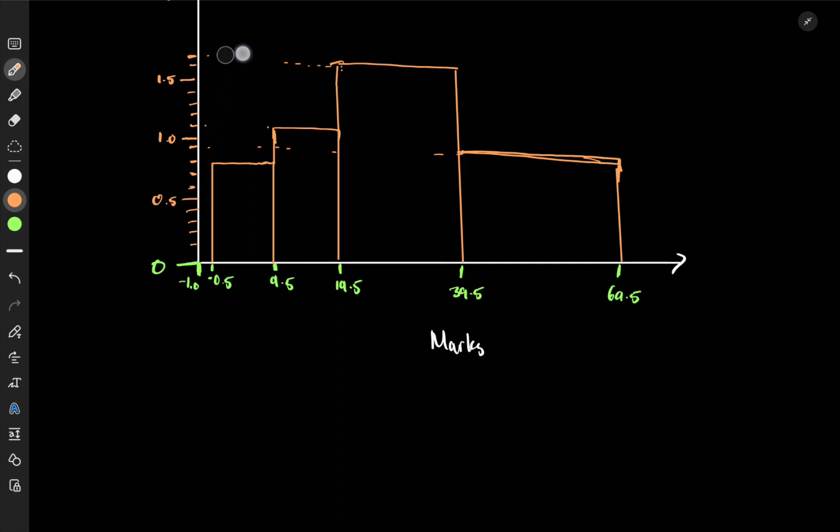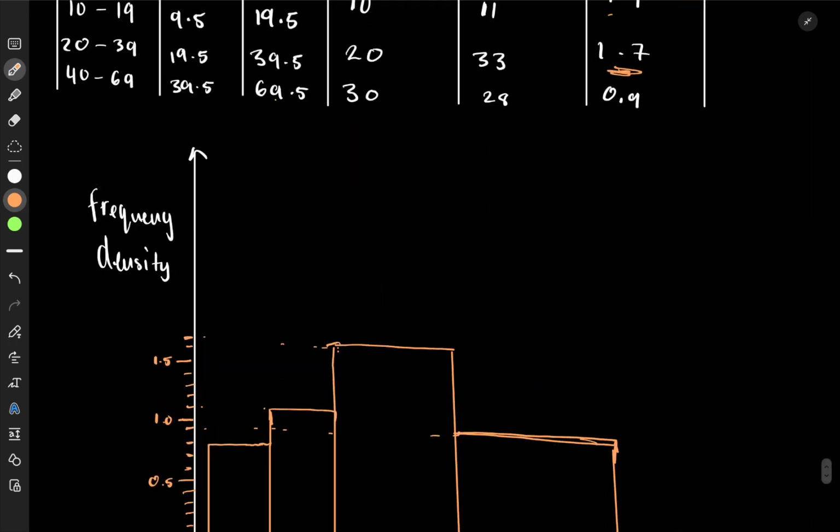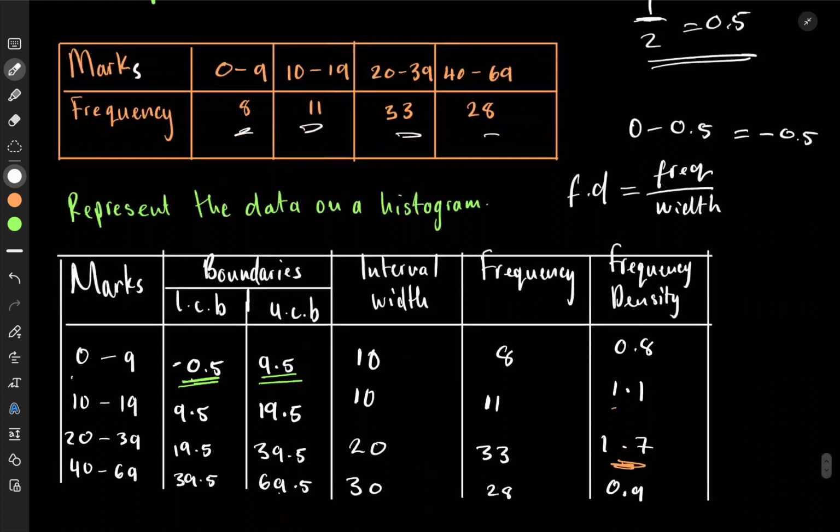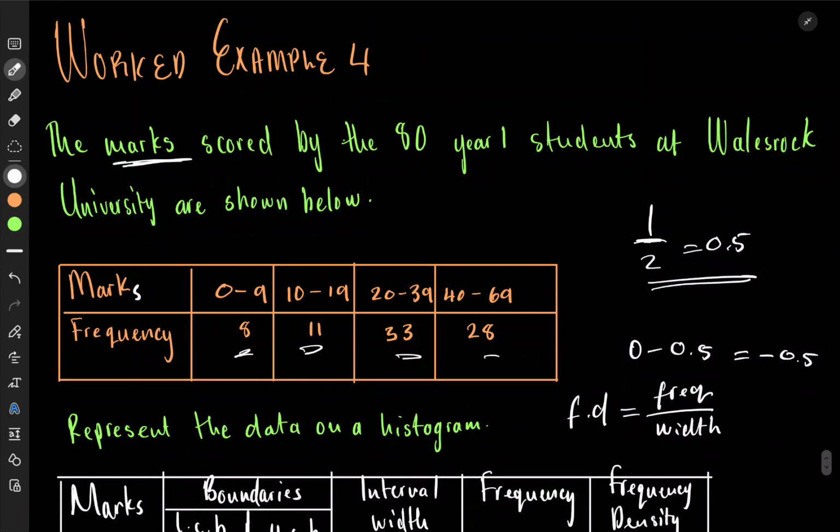But remember to put the heading. Don't forget the heading. What is this histogram for? We always want to know. So what is it showing here? We know that it is showing the marks scored by 80 students.